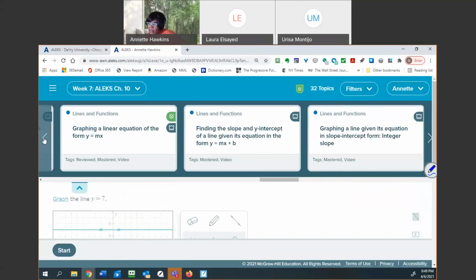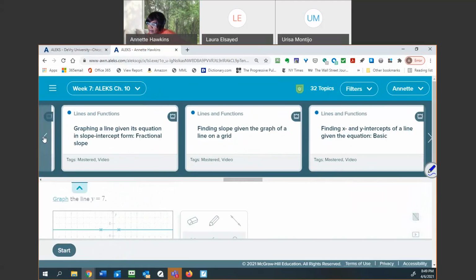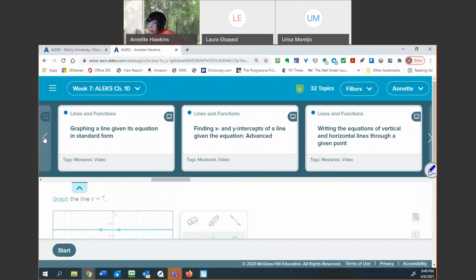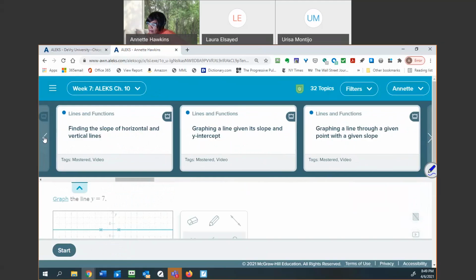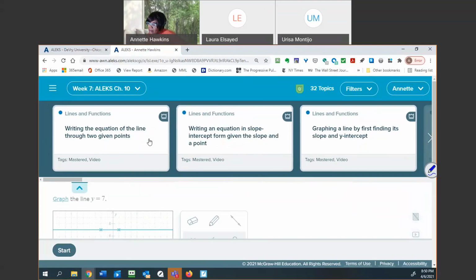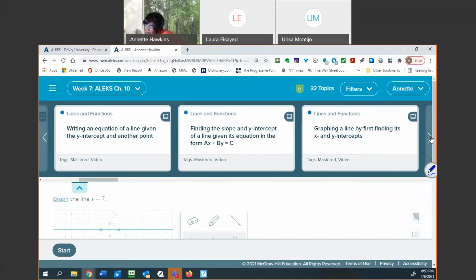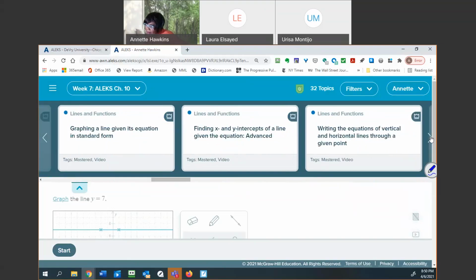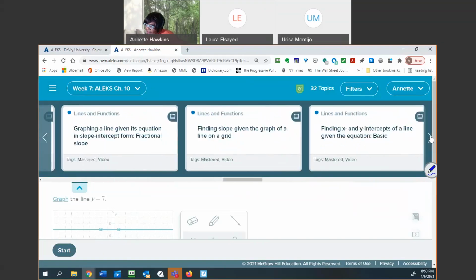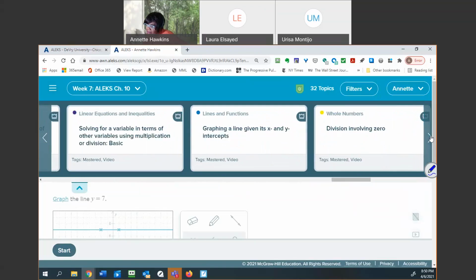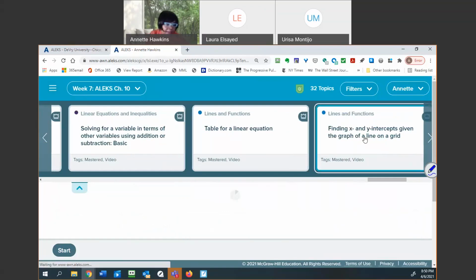So that's the equation, and we want to do the graph.